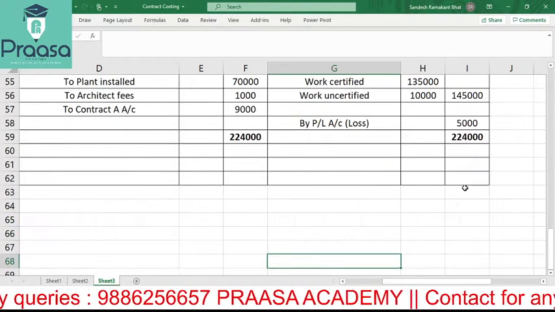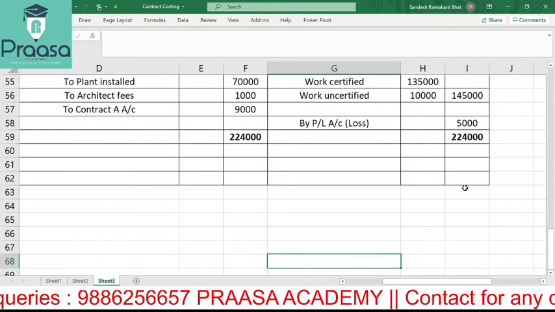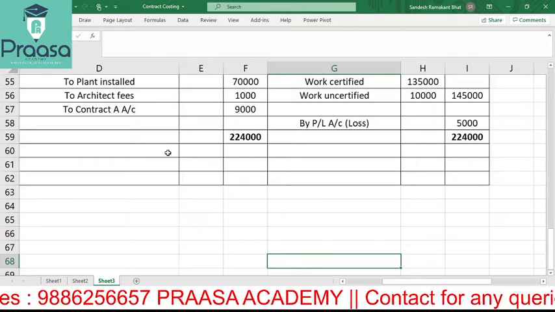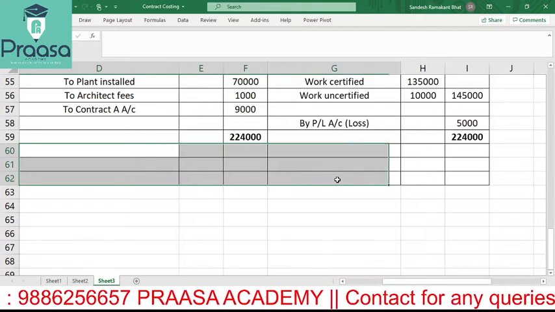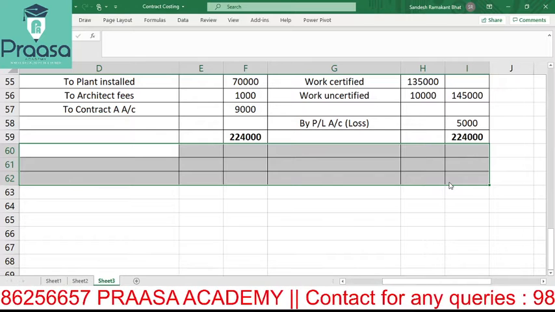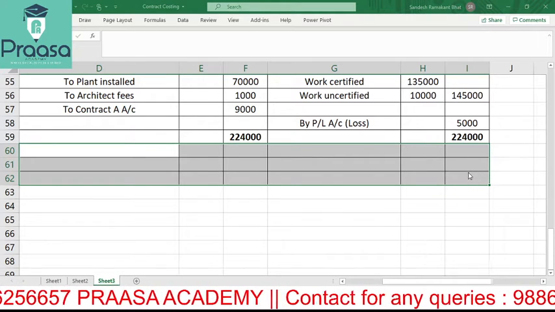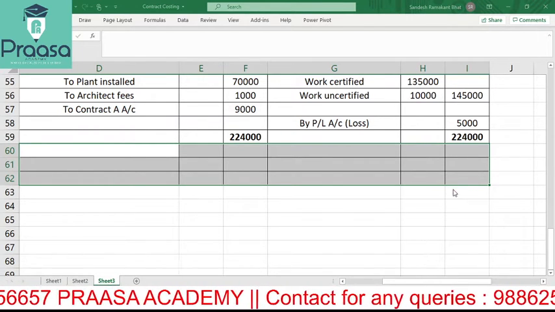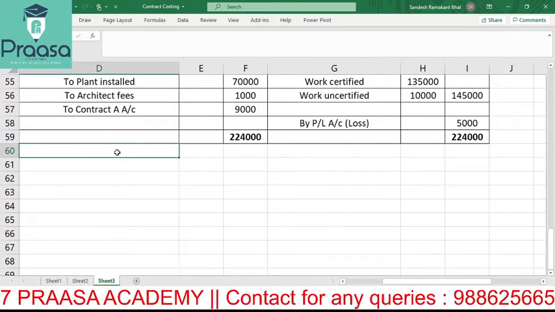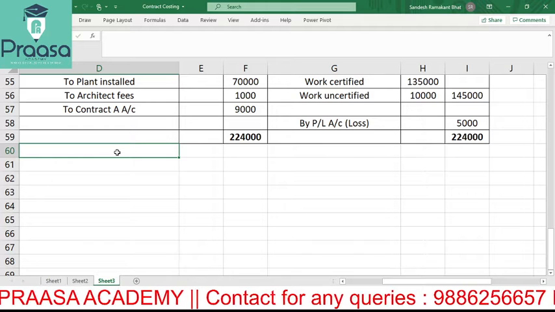This is not the final loss which has been incurred. This is notional. Maybe this may be the loss as of now. We don't know whether it will convert into profit later. It may not, but as of now we can say that we are under loss in contract B, and in contract A we are in profit.